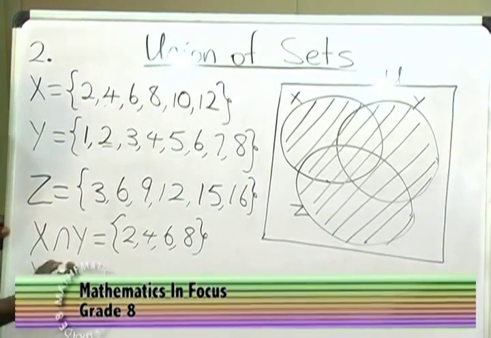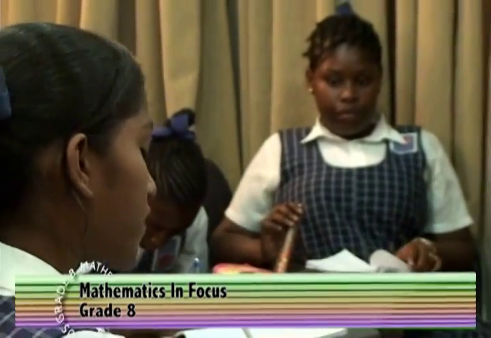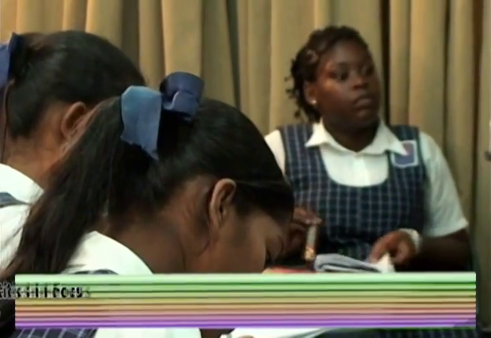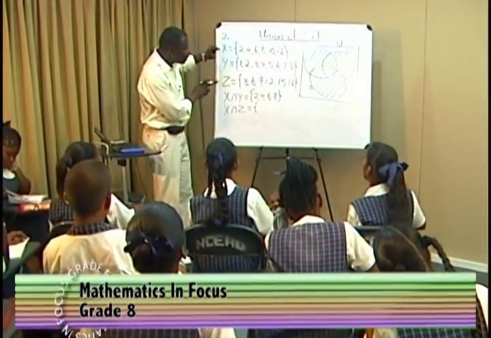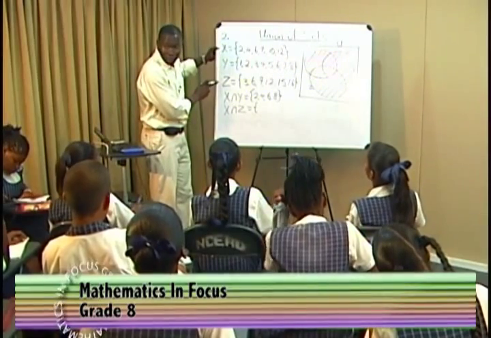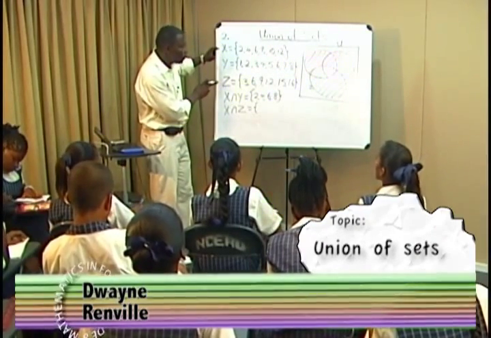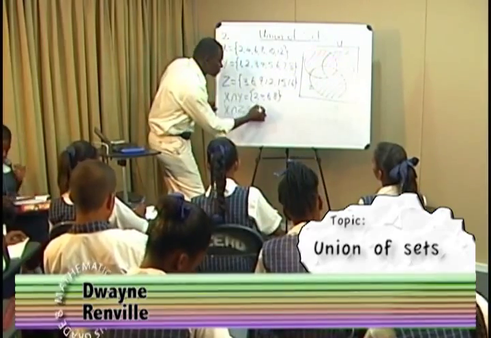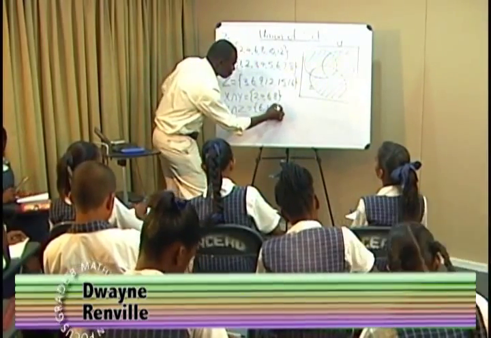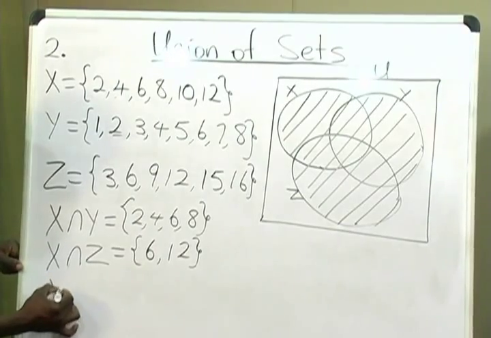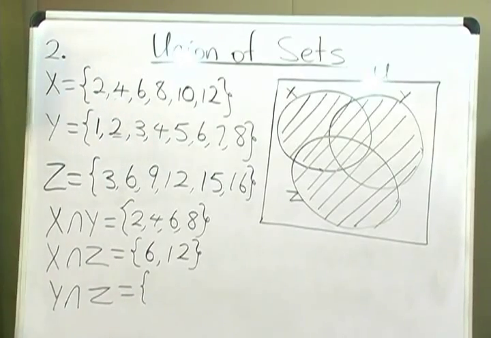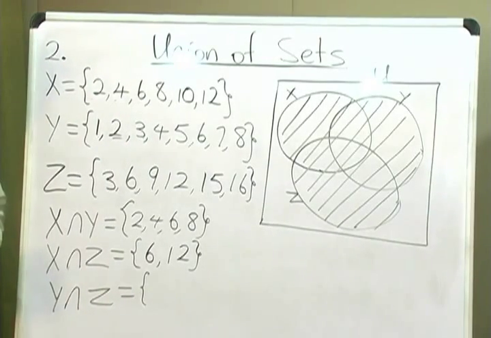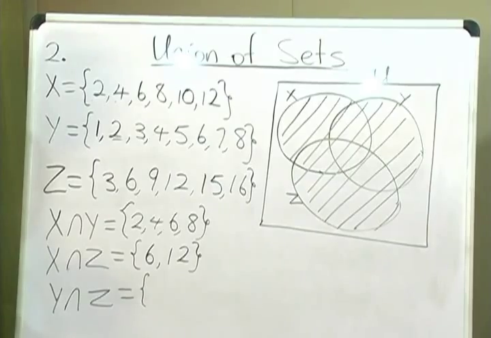Then we can go to X intersect Z, the elements in X and in Z. 6 and 12. Good. Now what about Y intersect Z? 3 and 6. Sure we stop there?